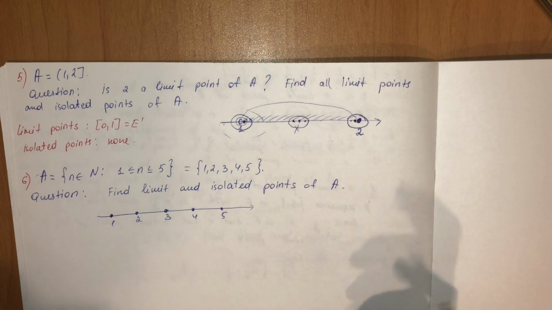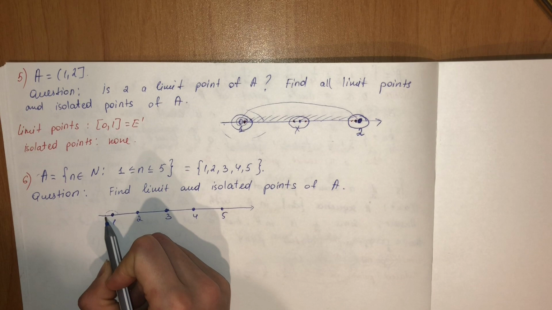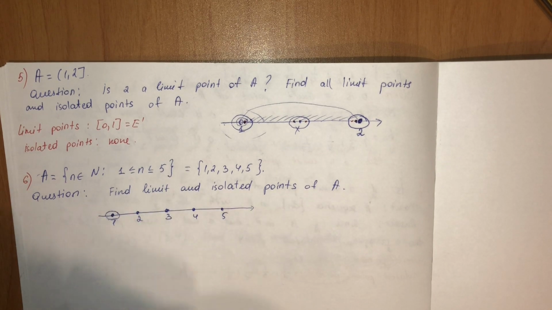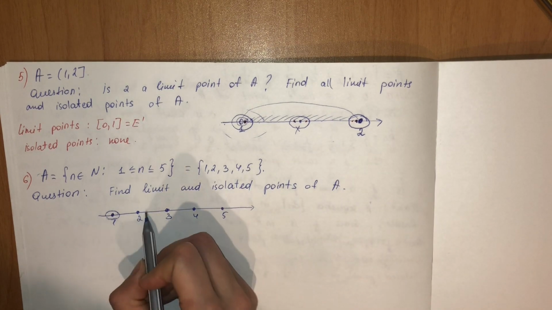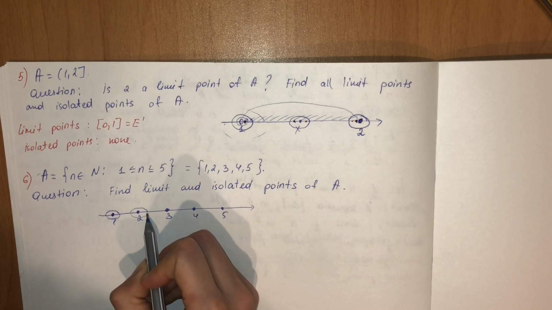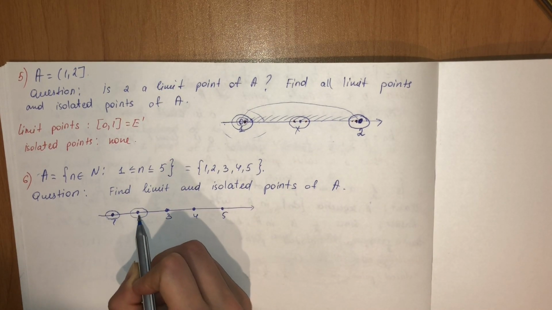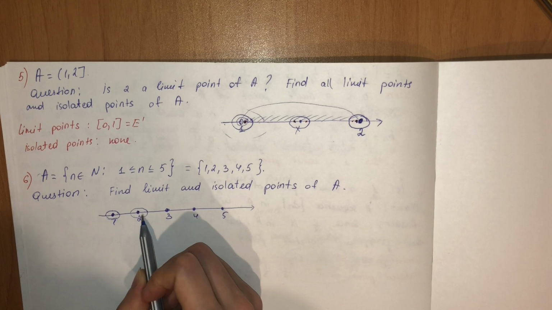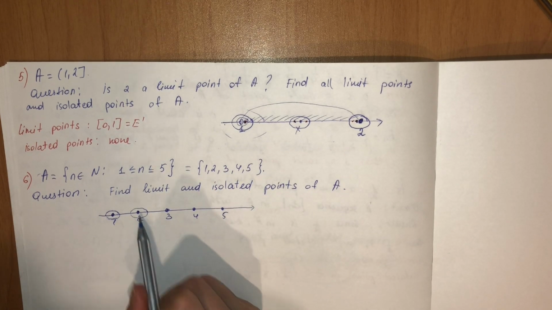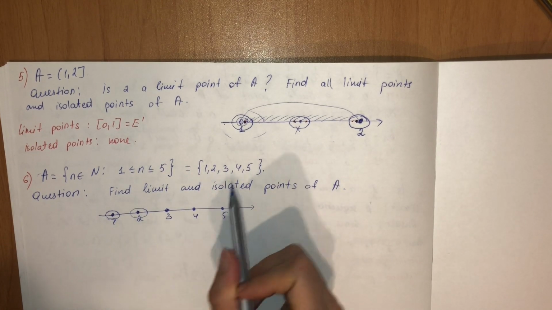Okay, if we draw a circle around 1, it doesn't contain 2, 3, 4, or 5. Also, if we draw a circle around 2, we can find a neighborhood of 2 that doesn't contain any element from this set.